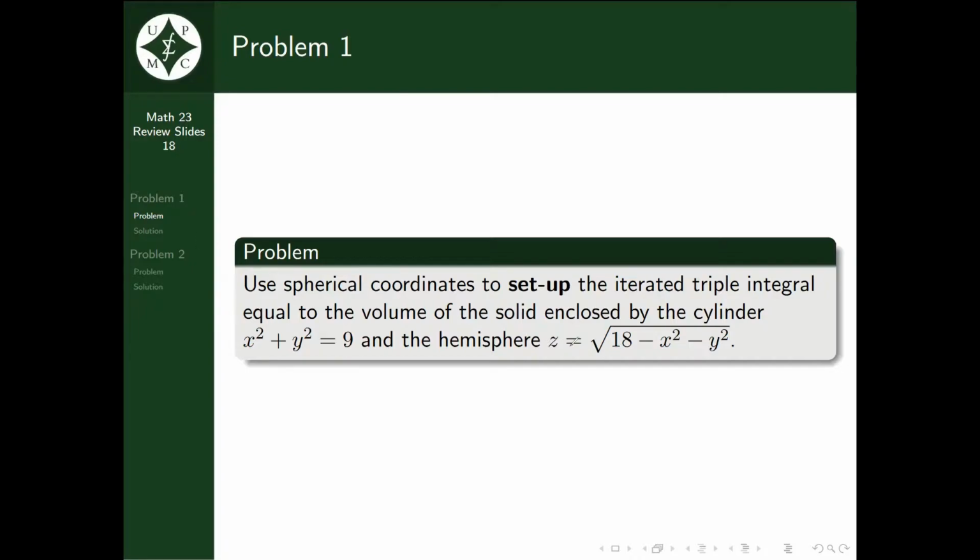Okay, so for problems like this, I like to draw the solid before I proceed to the actual solving so that I understand what the solid looks like. So let's say we have our coordinate system. First we have this cylinder, x squared plus y squared equals 9. You'll notice that this is just the equation of a circle in 2 dimensions. So if we bring it to 3 dimensions, it just becomes a circular cylinder.